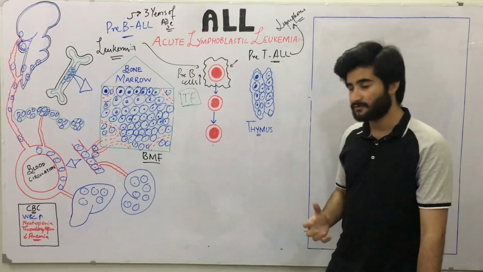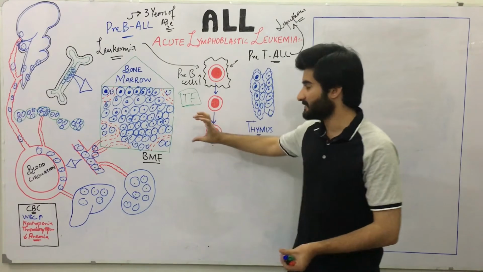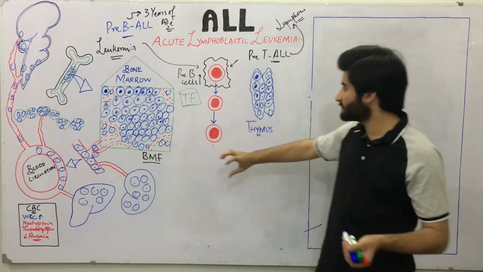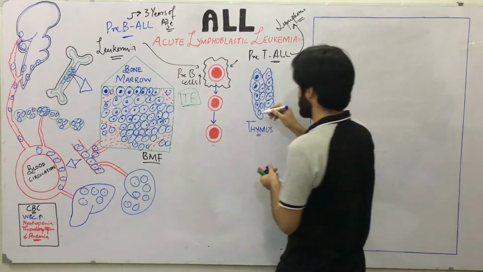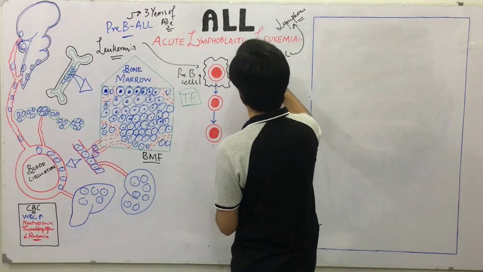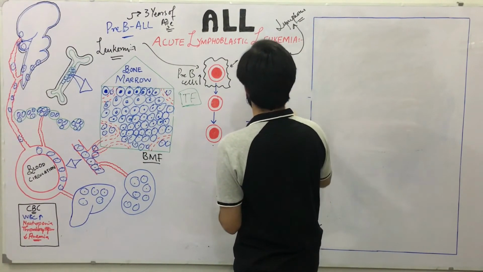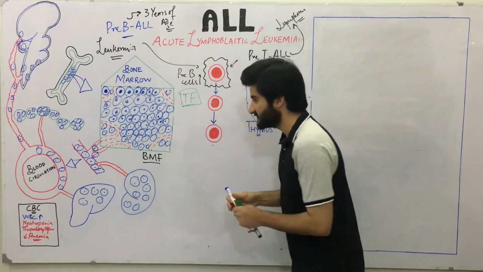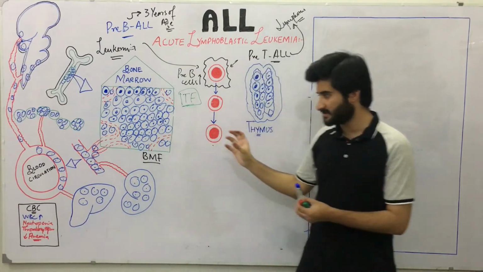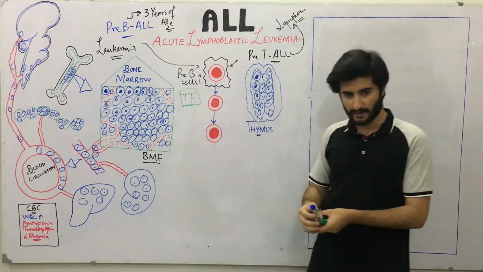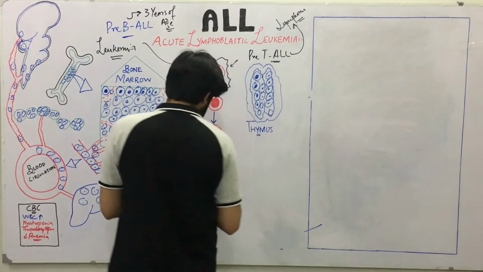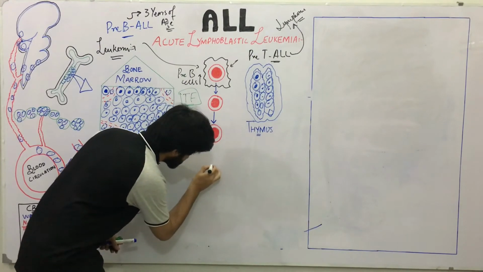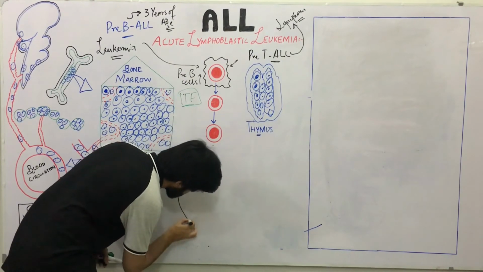In the morphology, we have a hypercellular bone marrow, or a hypercellular thymus, and this thymus is enlarged. If we look at these cells under the microscope, we will be able to see certain cells like this.